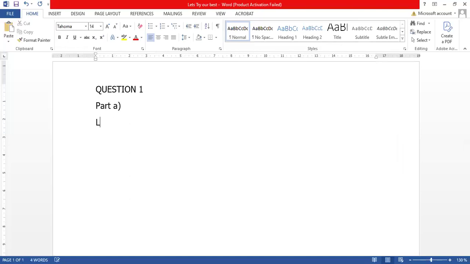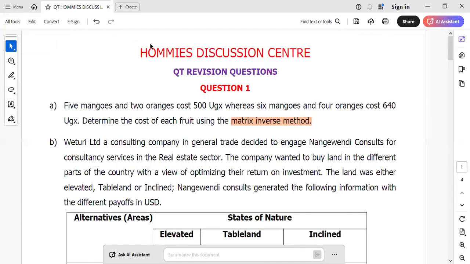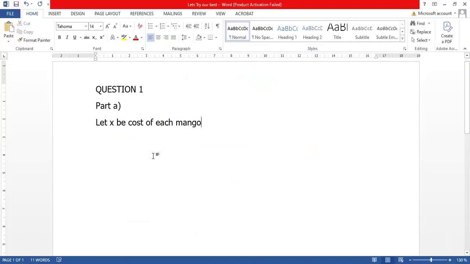You can use X, let X be mango. Let X be the cost of each mango, and Y be the orange.